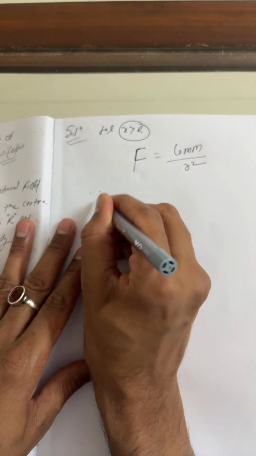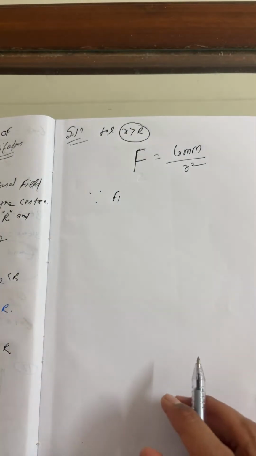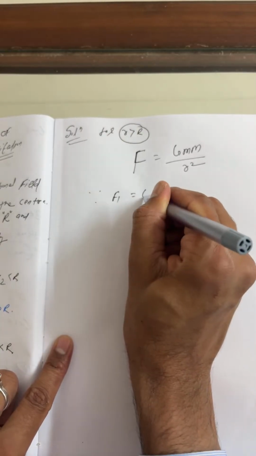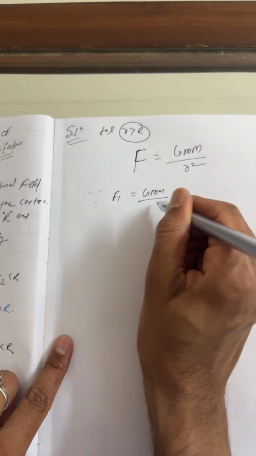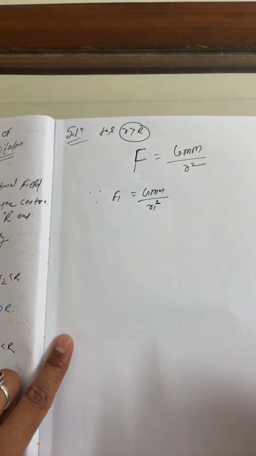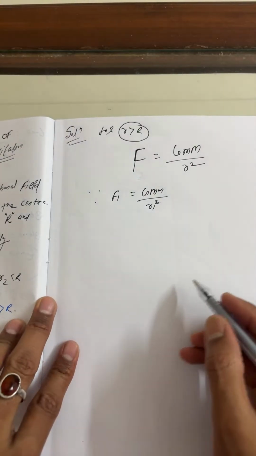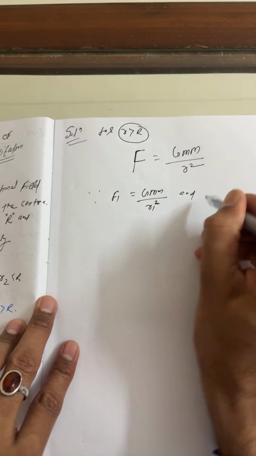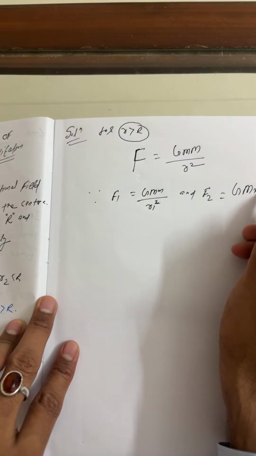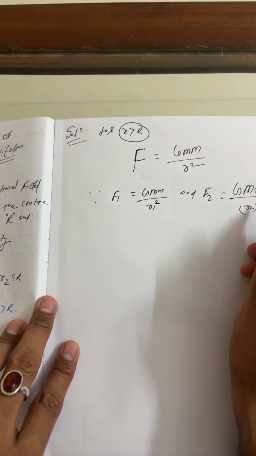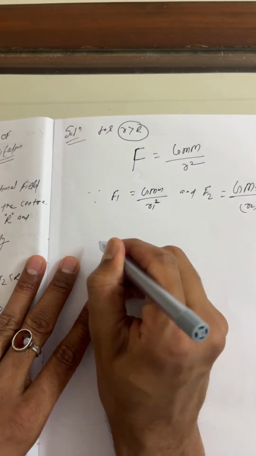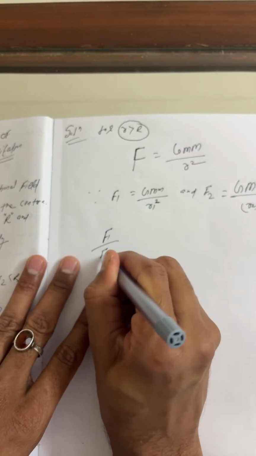Since they mention F1 and F2, F1 equals G M m upon r1 square, and similarly F2 equals G M m upon r2 square. Take the ratio F1 by F2.